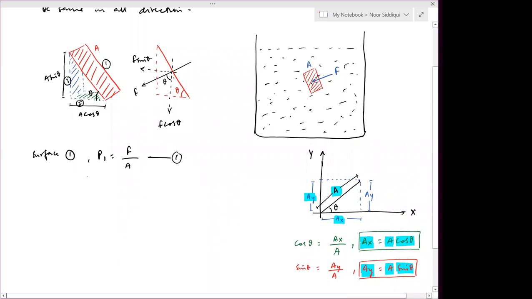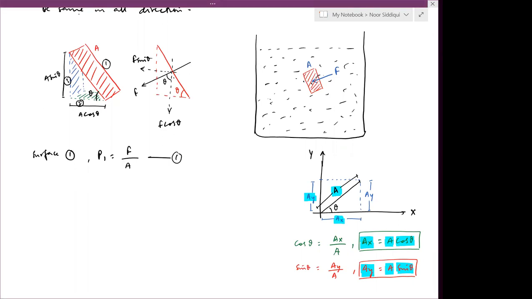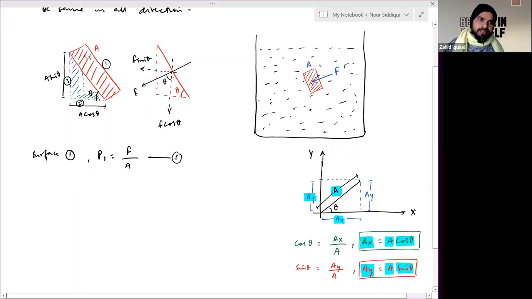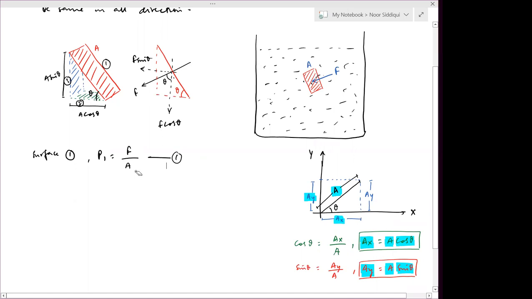Can you say this once again? This was a surface having area A, and this was the force acting normal to the surface. Force acting per unit area is called pressure. So pressure equals force divided by area of cross section. Is it clear? Yes, sir.